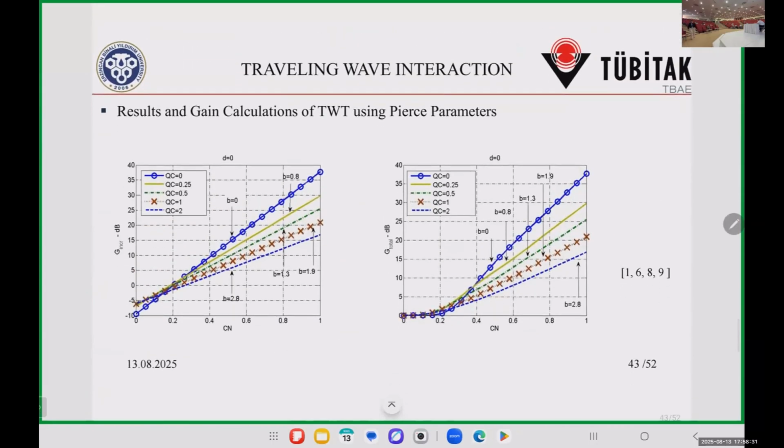If you look at this, we can say if the synchronization parameter increases, then the slope of the incremental gain is decreasing here. And when the space charge parameter is increasing, then the slope of these values is decreasing here.